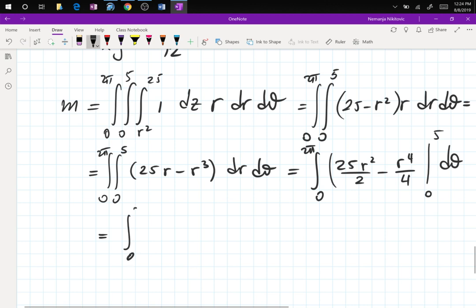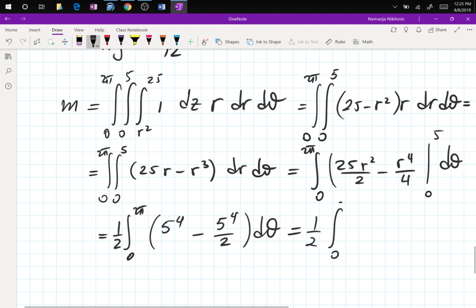0 to 2 pi, and again 25, so this is going to be 5 to the 4 over 2 minus 5 to the 4 over 4. I can kick out a half, d theta. 1/2 integral 0 to 2 pi, and again, if I put a 2 and a 2, it's going to be times 2 times 2.